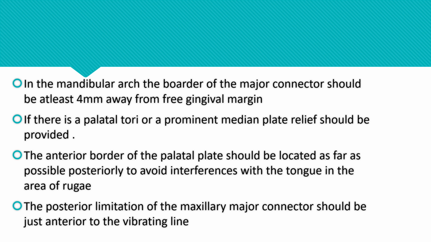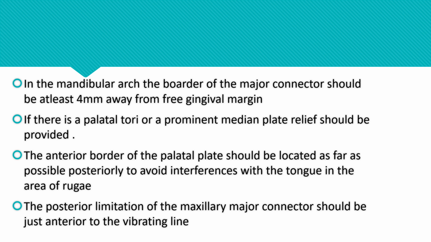The part coming anteriorly, in front of your teeth, you should try to place as posteriorly as you can, so that it doesn't interfere with the movement of the tongue. The posterior limitation of the maxillary major connector should be just anterior to the vibrating line.